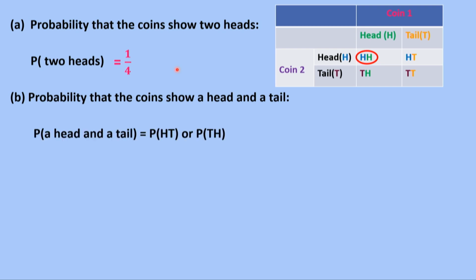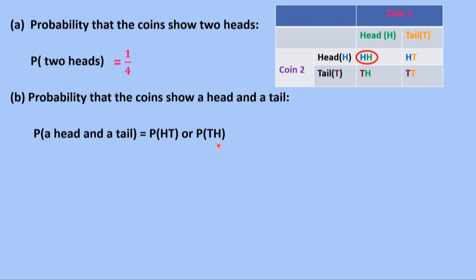So, we have probability of head, tail, or probability of tail, head. So, the first coin will show head, second one will show tail, or the first one will show tail and the second one will show head.